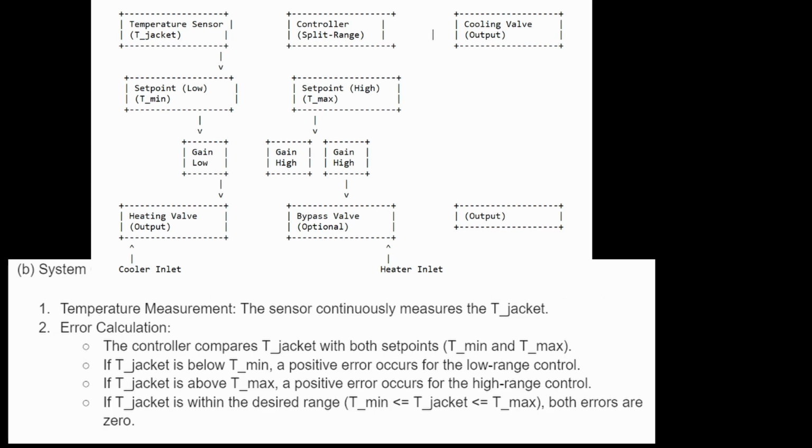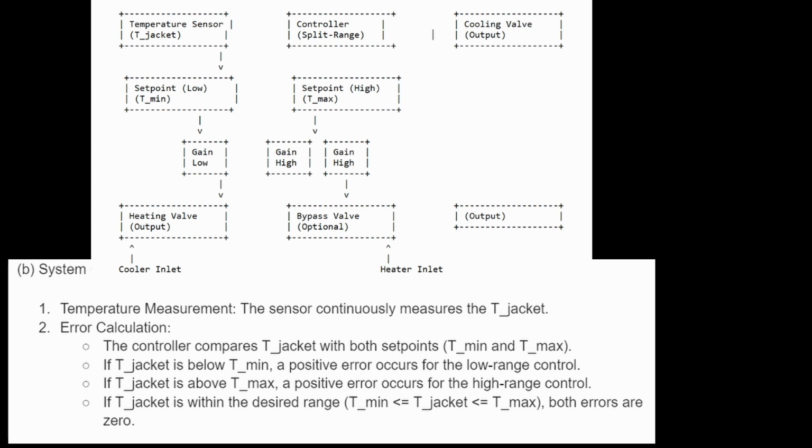B. System operation. 1. Temperature measurement. The sensor continuously measures the T jacket. 2. Error calculation. The controller compares T jacket with both set points, T min and T max. If T jacket is below T min, a positive error occurs for the low range control.